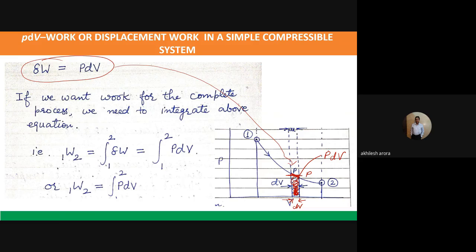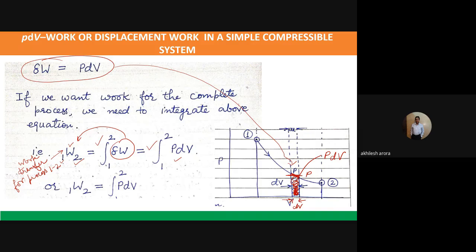And if I want to calculate the total work, I will take this value of delta W and integrate it between 1 and 2. Here also I will integrate it between 1 and 2, and this value on integration will be written as W, the work transfer for the process 1 to 2.